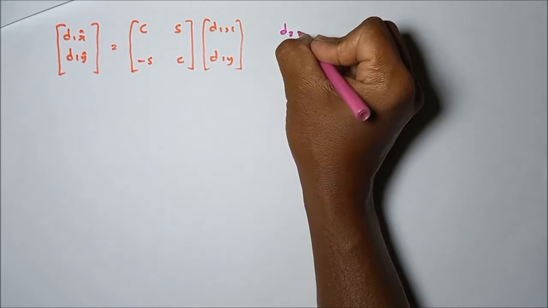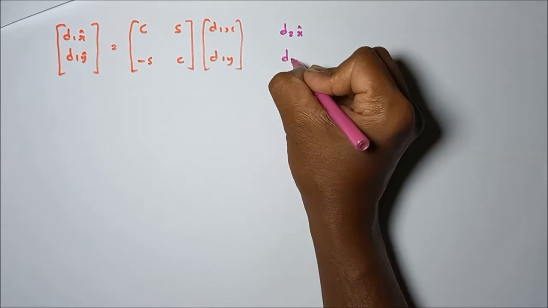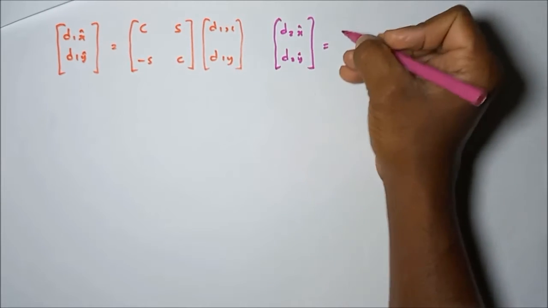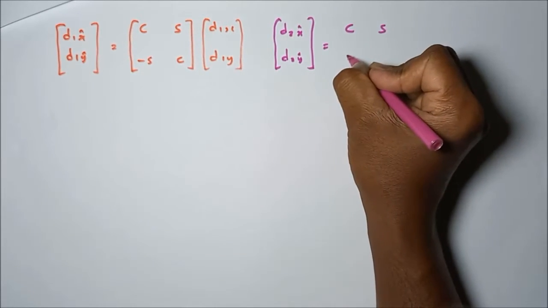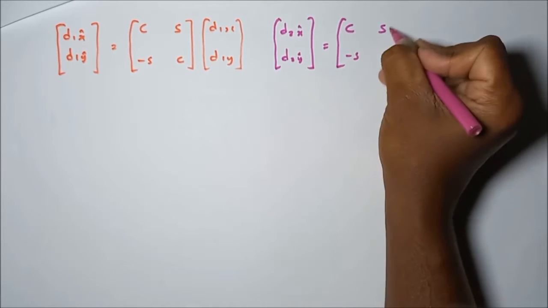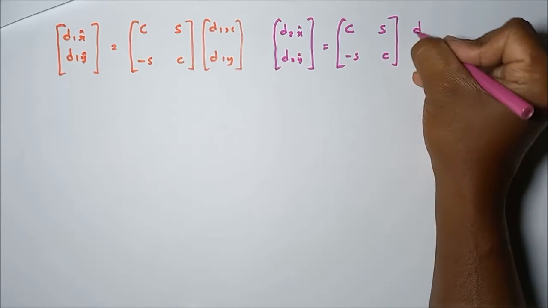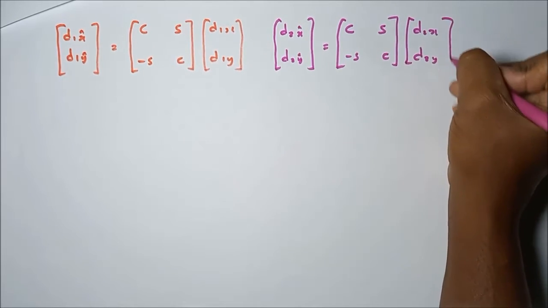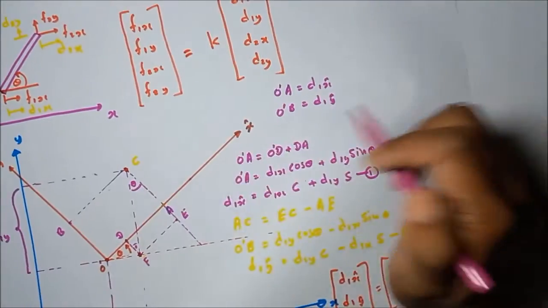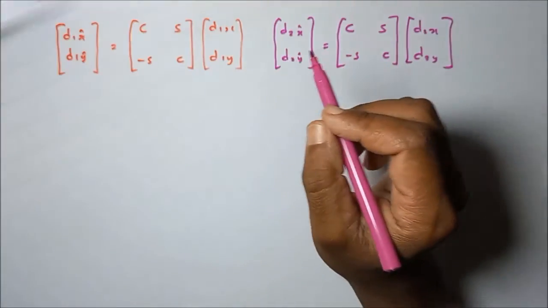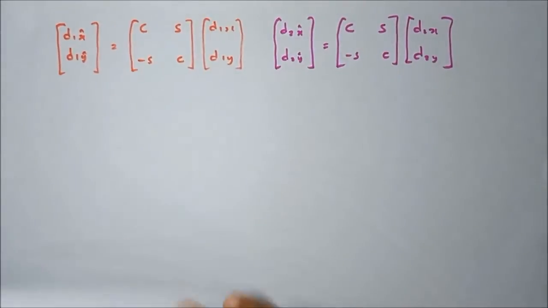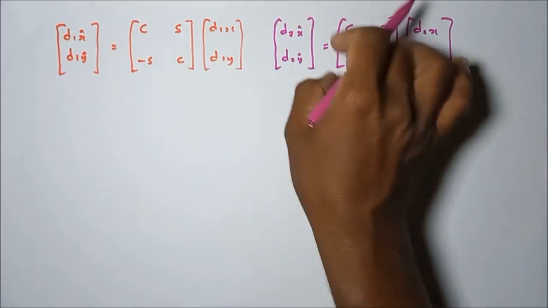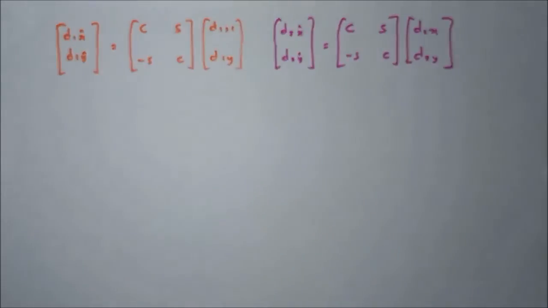Then we are getting this equation. I will directly write that equation: d2x hat, d2y hat is equal to CS minus SC times d2x, d2y. These two equations we can obtain by considering the geometry of this figure. Then I'm going to put these two matrices into a single matrix.